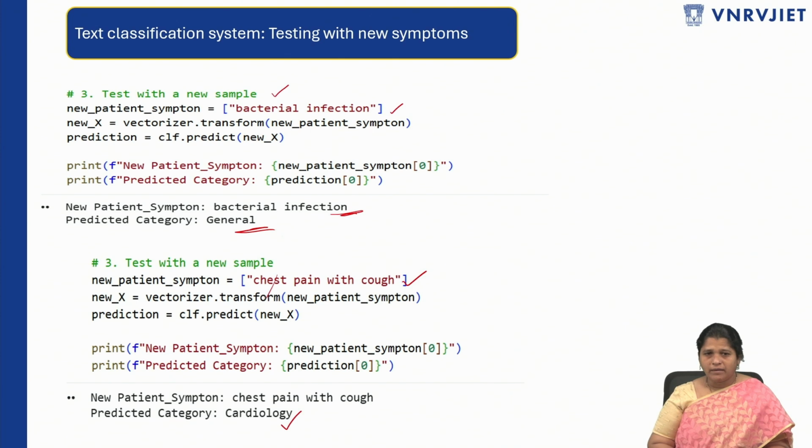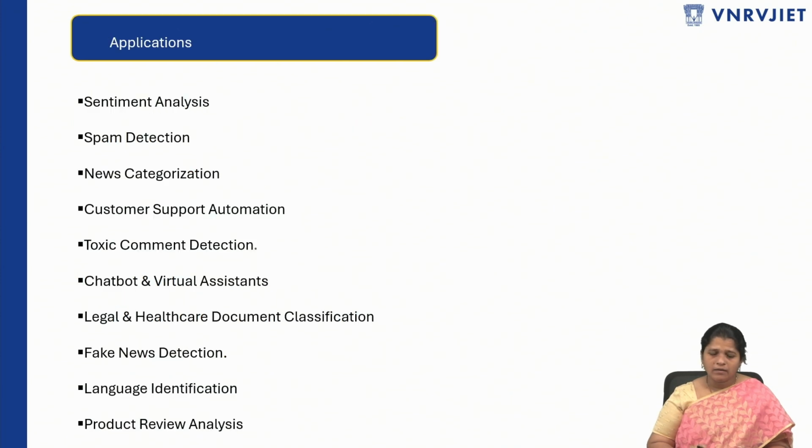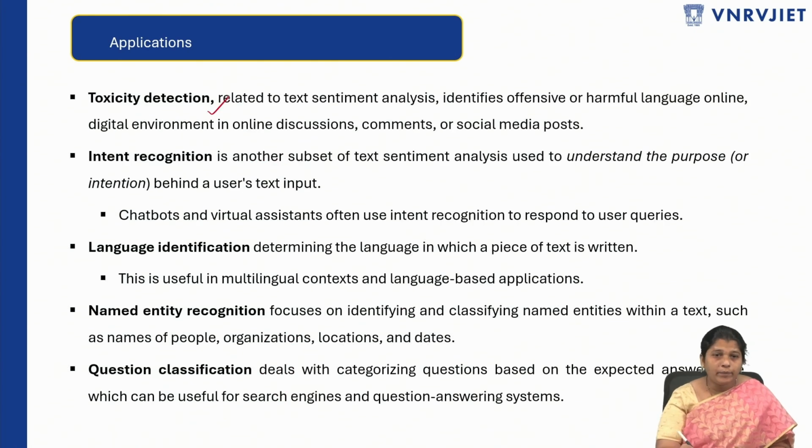Similarly, we can use text classification for various applications like sentiment analysis, spam detection, news categorization, customer support applications, intent analysis to help virtual assistants and bots, legal and healthcare document classification, fake news detection, language identification, product review analysis, toxicity detection, intent recognition, named entity recognition, and question answering.